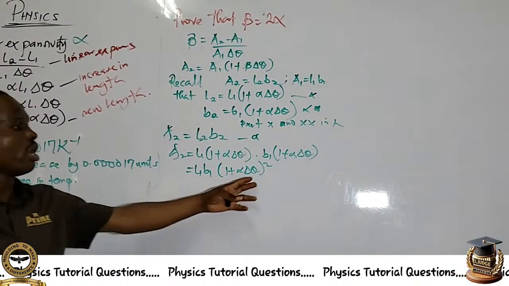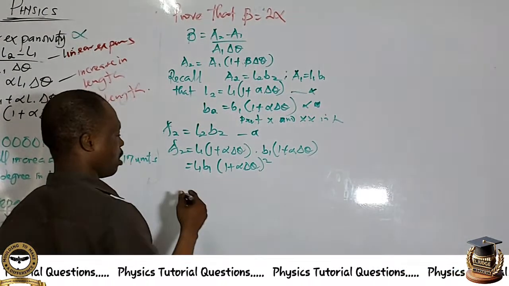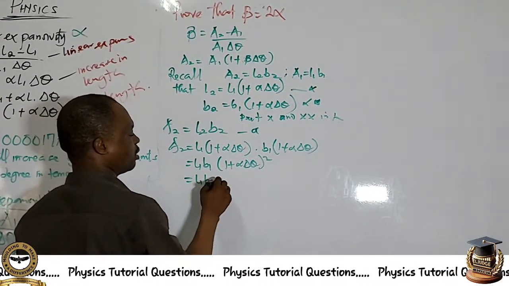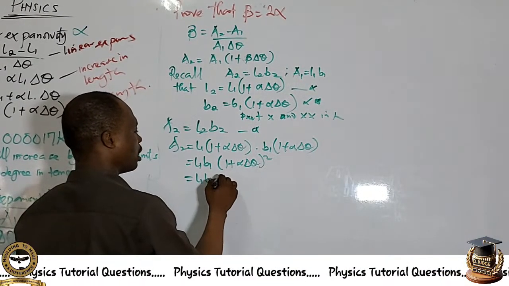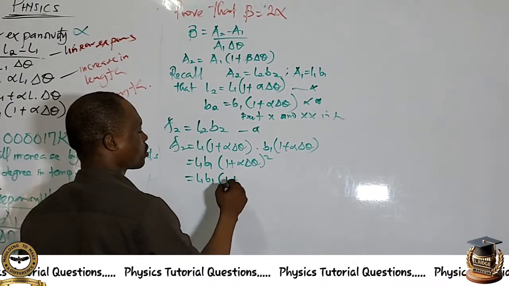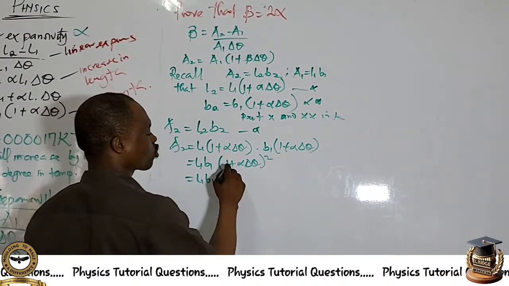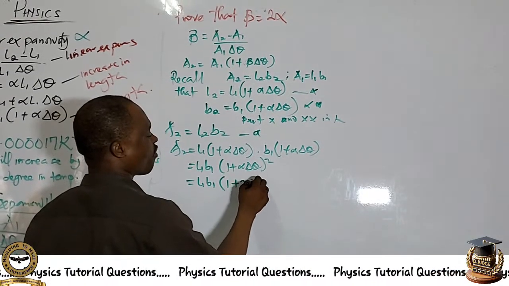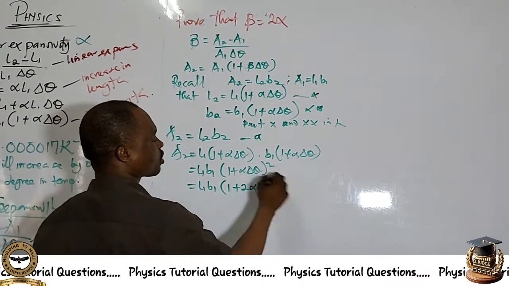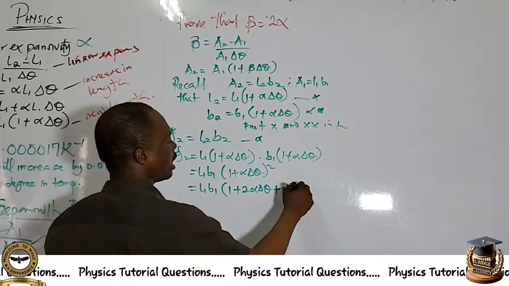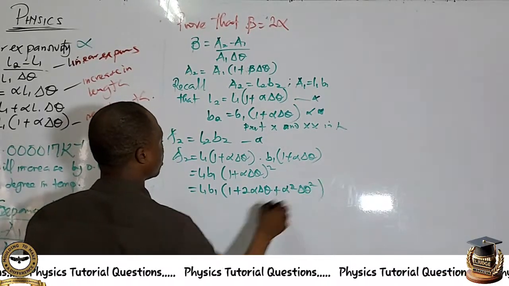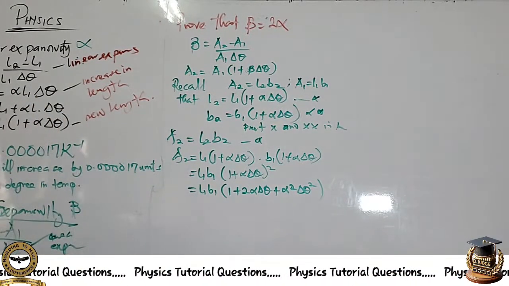Now, if we open this using binomial expansion, we have L1 B1 into 1 plus 1 squared plus 2 alpha delta theta plus alpha squared delta theta squared. Now we know, look at alpha.